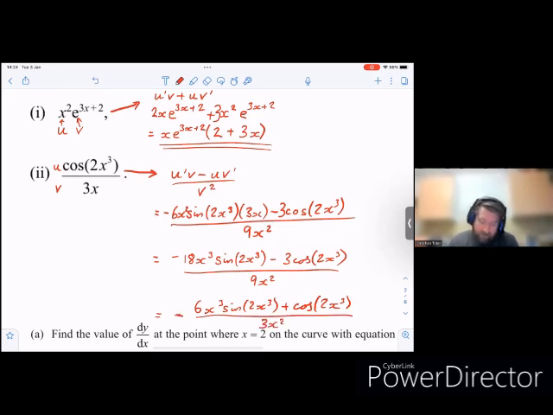I've just put the minus outside the whole fraction.